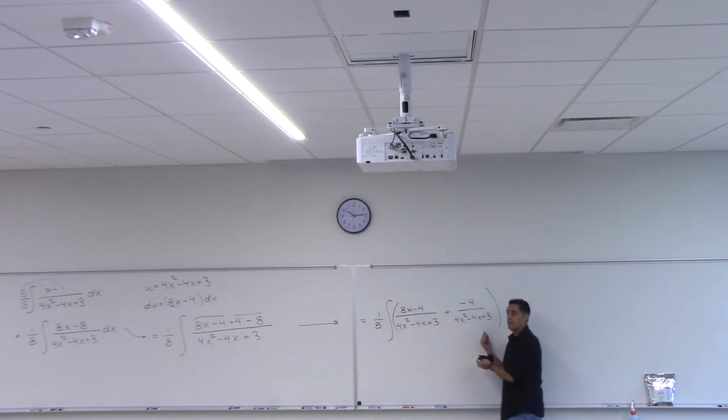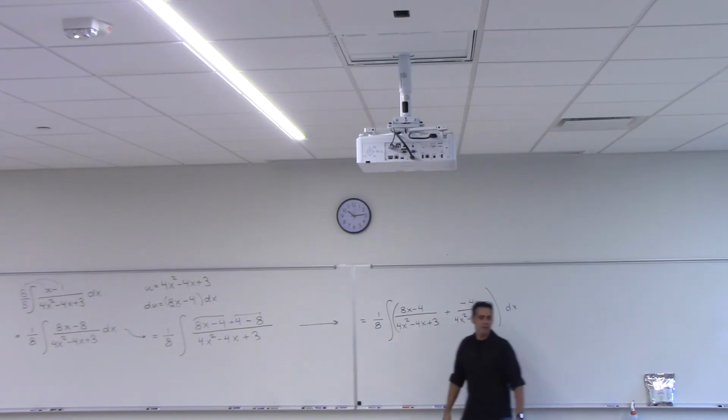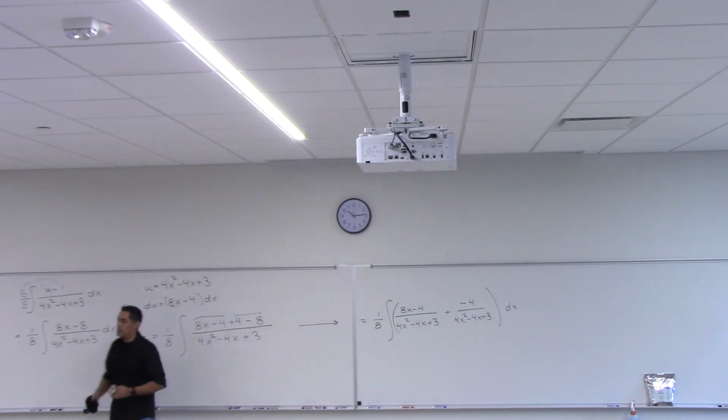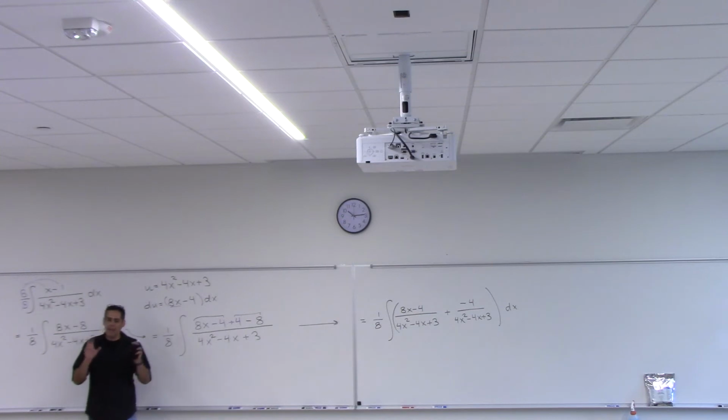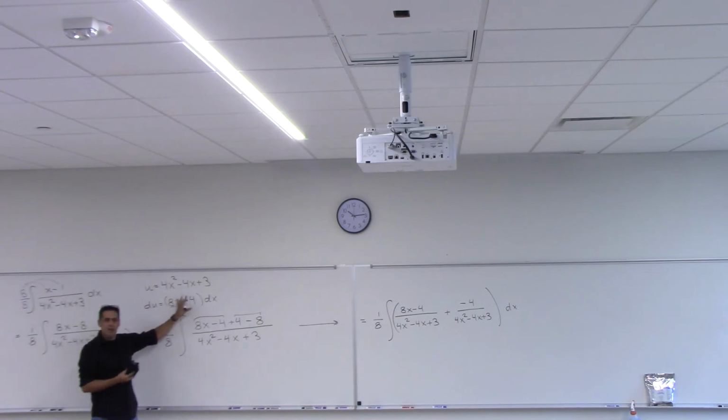And this one is a constant over an irreducible quadratic, and I can complete the square on that one. You see that? So I'm not done, but I've now made it doable by transforming the numerator into what I was hoping it would be, or what I was really wanting it to be. All right? So let's continue.